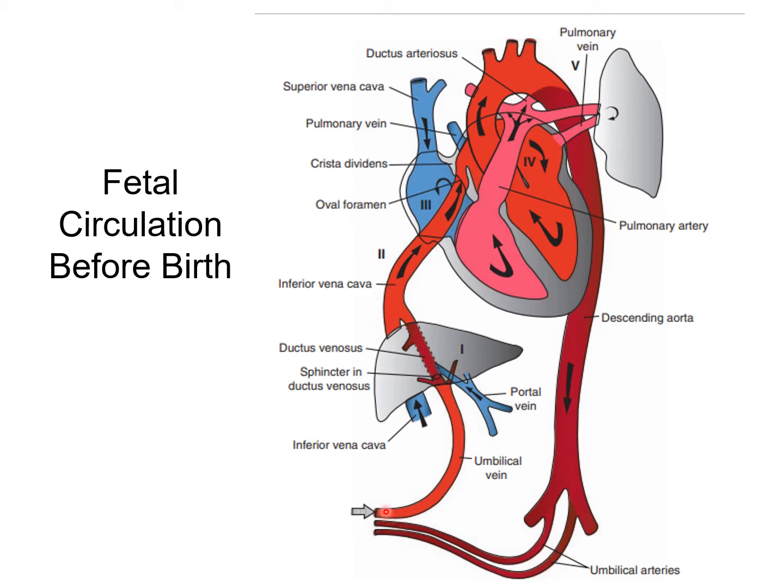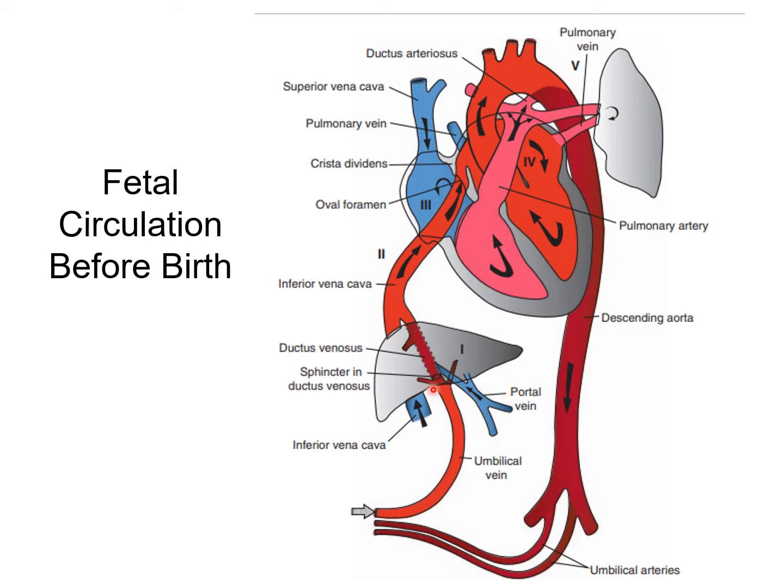The oxygenated blood from the umbilical vein reaches the liver, and through a tubular structure known as the ductus venosus, it enters the inferior vena cava.